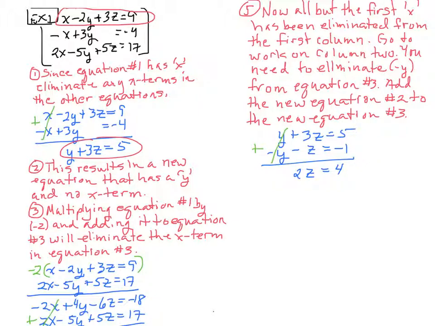So again, you're going to write yourself a note. Yes, absolutely. So number 6, last big note. Now all you need is a coefficient of 1 in front of the z.